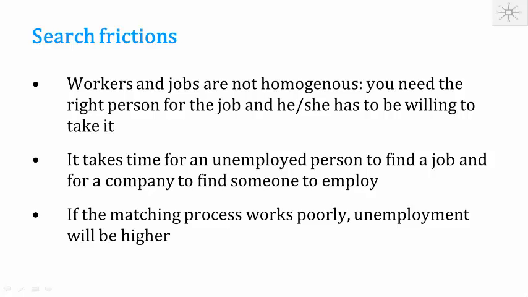Now, so far we have been reasoning as if all workers were homogeneous and all jobs were homogeneous. We have assumed that all unemployed workers are available and apply for all jobs that become available. But in reality, of course, workers and jobs are far from homogeneous.